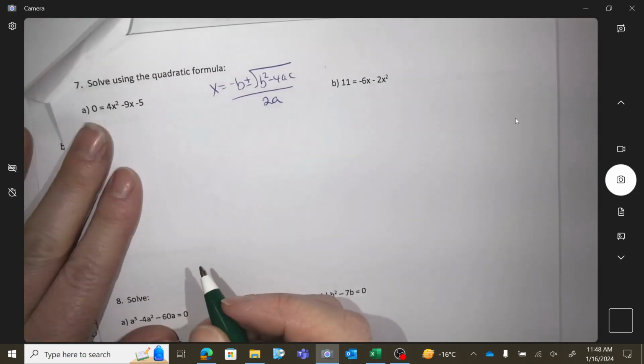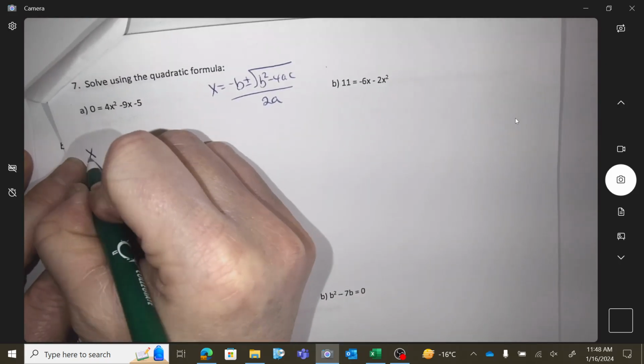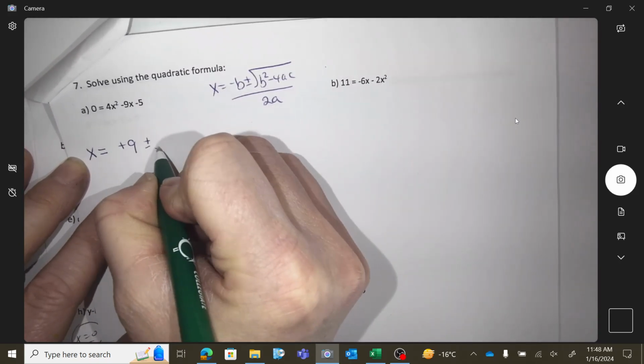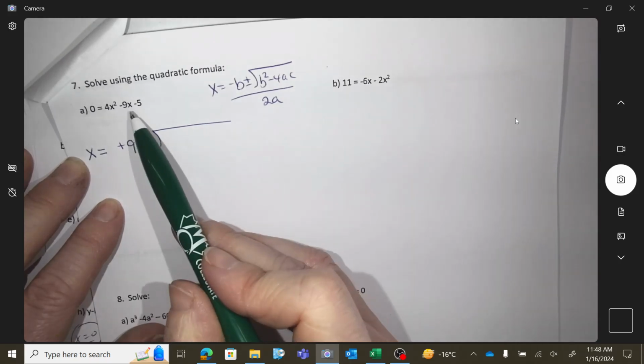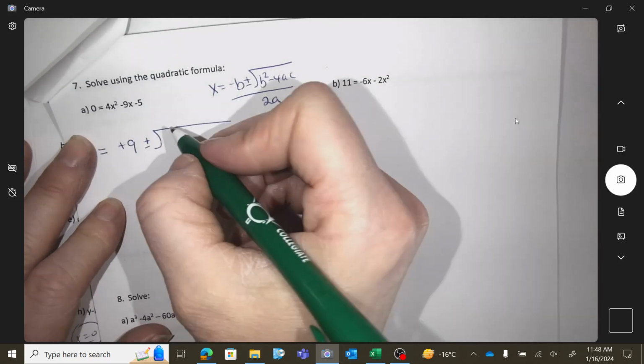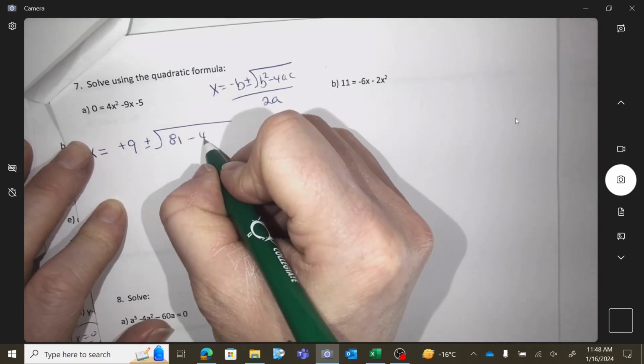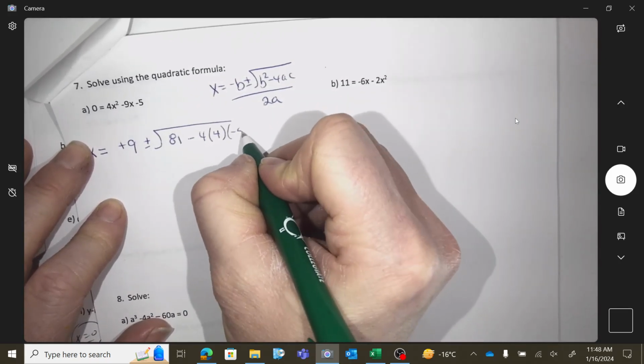Okay, so this one would go x equals positive 9 plus minus the square root of, square it, so then just write 81 minus 4ac.